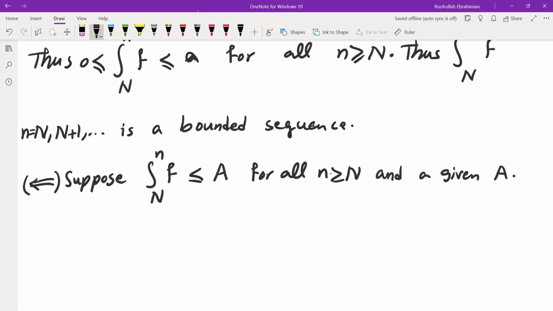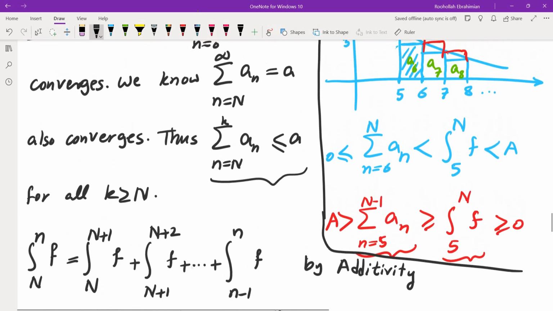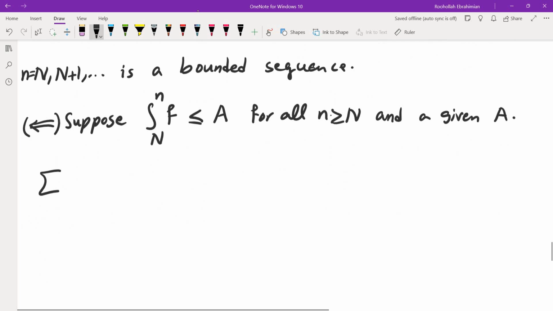So we are going to take the sum of a_n from n equals N to k, and we're going to show that this is bounded.